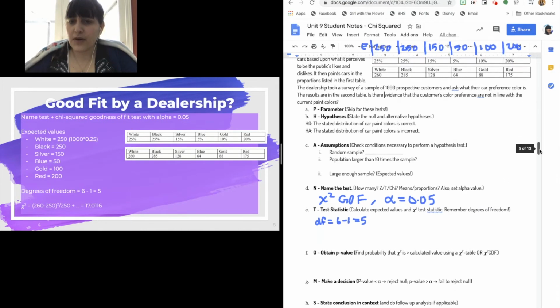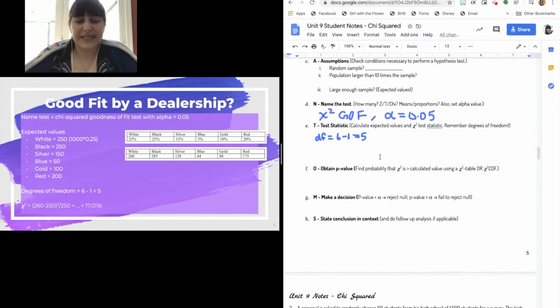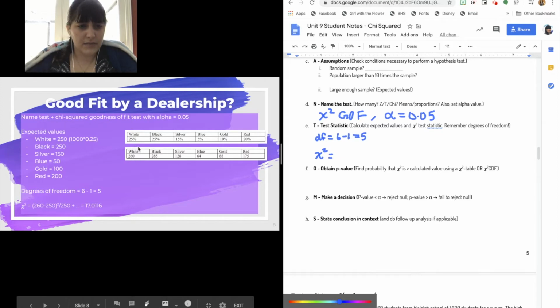Okay, for the actual chi-squared statistic, you do not have to show every calculation. Just show one of them, like one of the categories, and then say plus dot dot dot, and then equals, and then write out exactly what the calculator gave you. So for my chi-squared value, I'm just going to use the very first column here, the white cars.